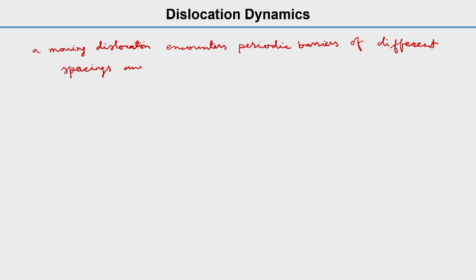A moving dislocation encounters periodic barriers of different spacings and different lengths.